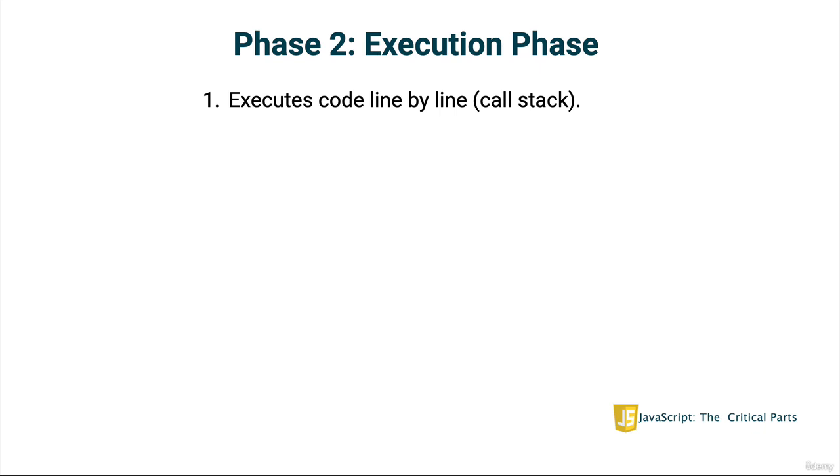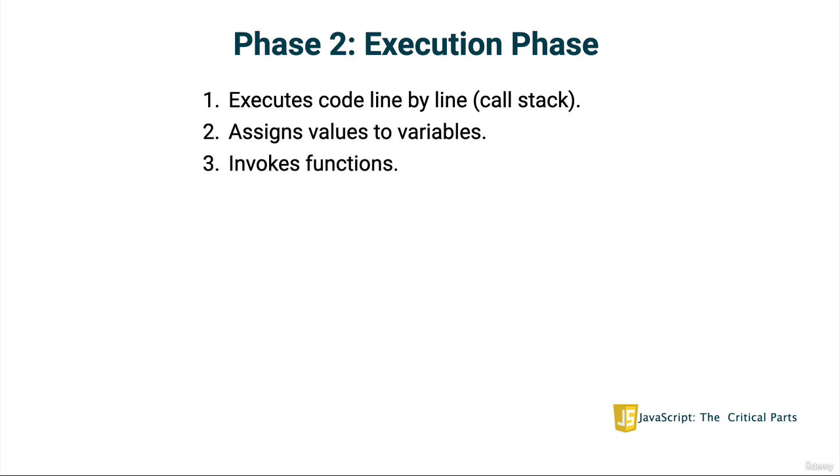Think of the call stack. This is our call stack working through the code. It assigns values to variables, and so a memory location was set up for those variables. The variable was established, but the value was not assigned until the execution phase. So once we start executing through the code, that's when the value is assigned.